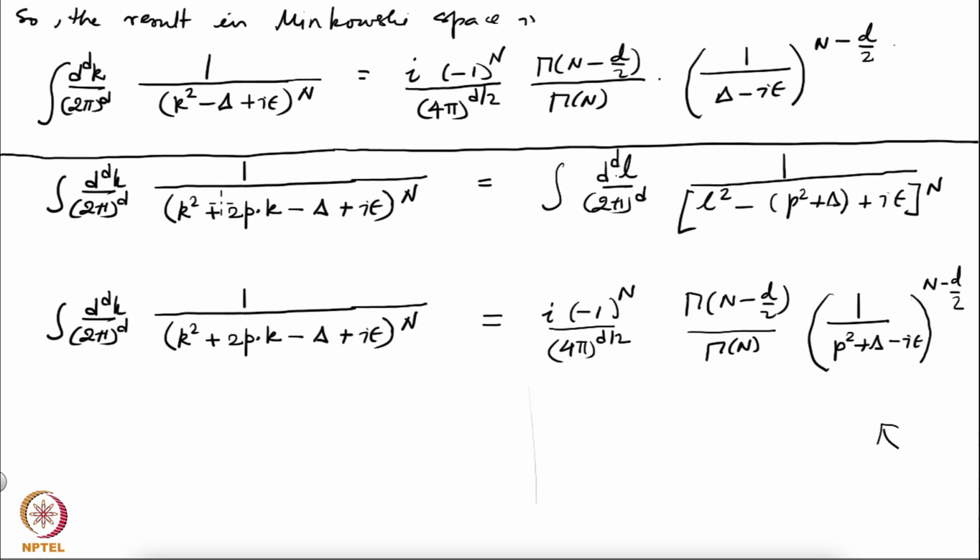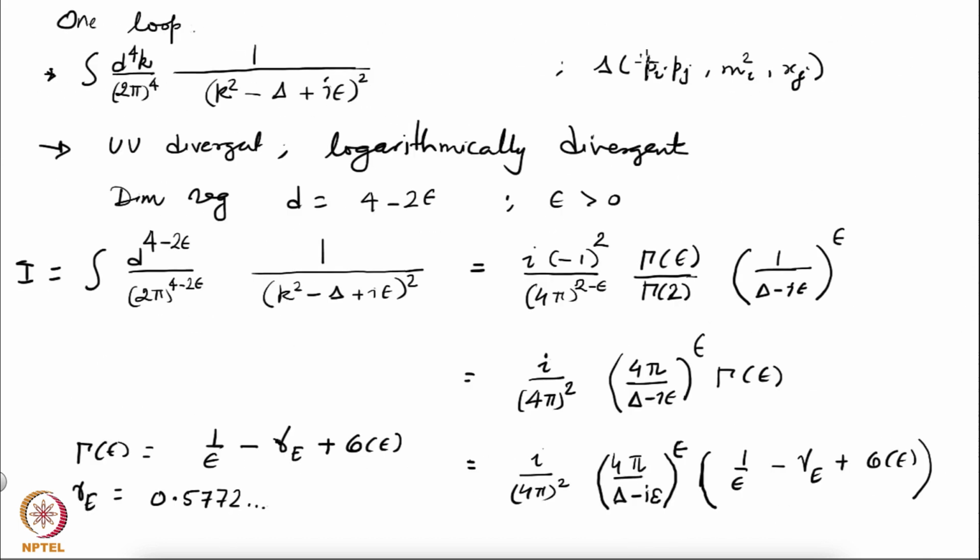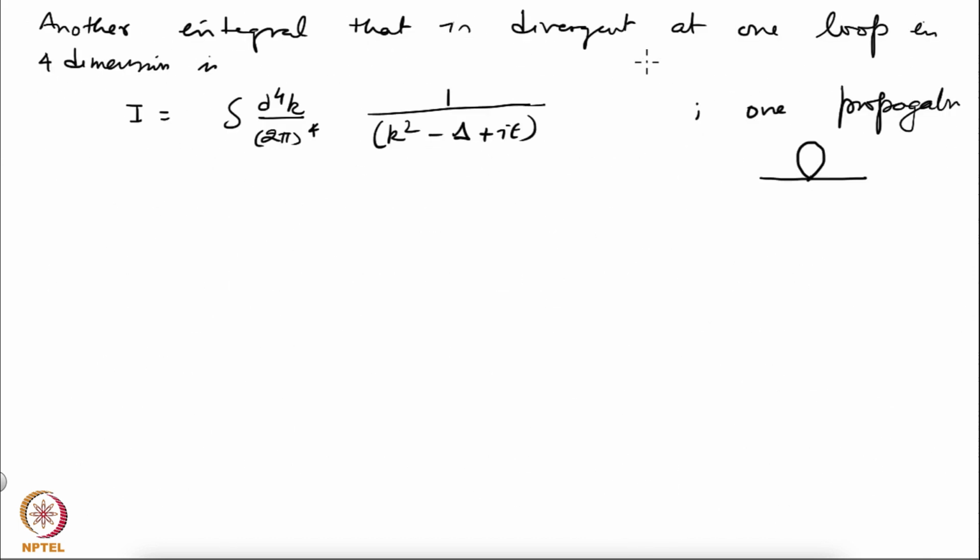This time I will not worry about this factor, because I have already shown you how to work with this. Let me just show you the kind of singularity that you get, which comes from gamma of N minus d over 2, where capital N is 1 and d is equal to 4 minus 2 epsilon.